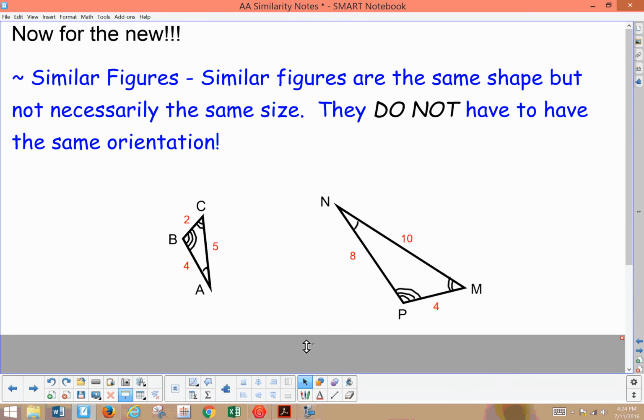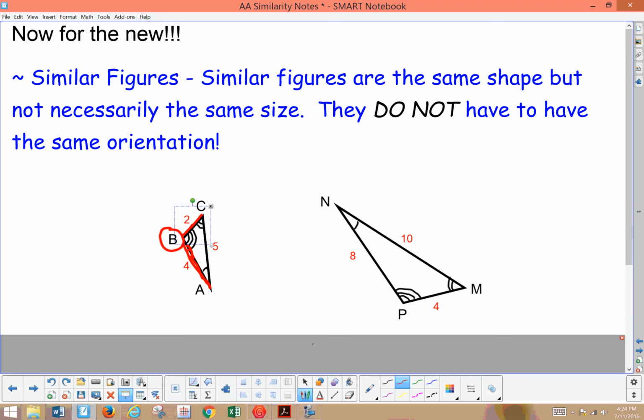If I take a look at these two shapes, these are examples of similar figures. If I look at the point B, the point B is at the intersection of the two smallest sides of this triangle.